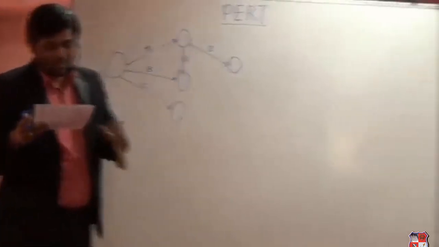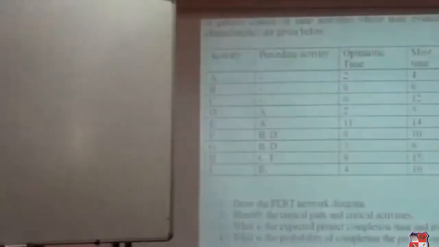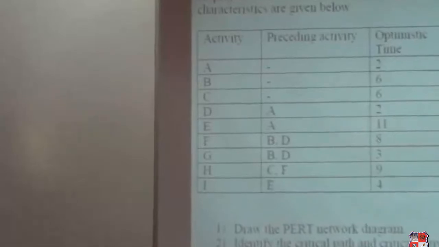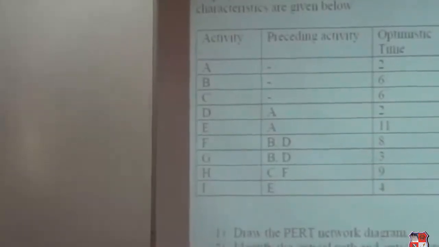Right? Now from the place where B and D are together, we are having 2 activities, that is F and G. But if you see the precedence column, you require F to be merged with activity C. So we'll not make a mistake again.